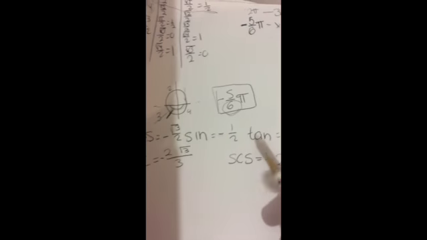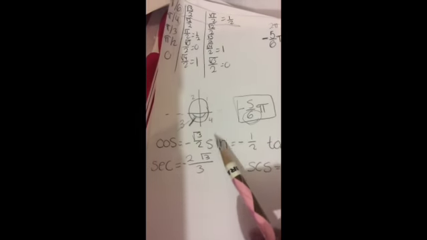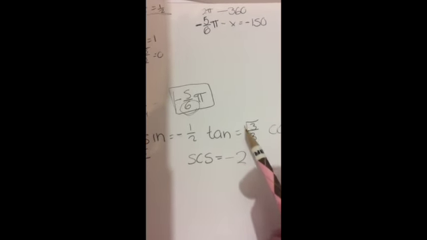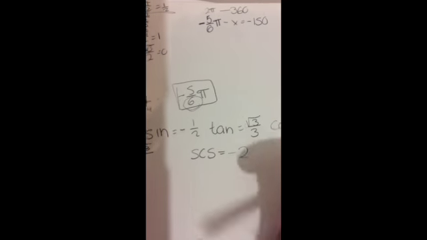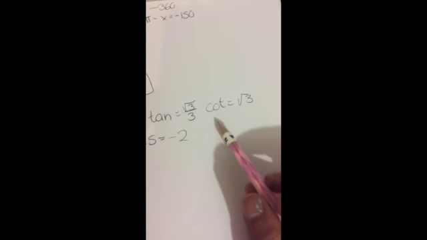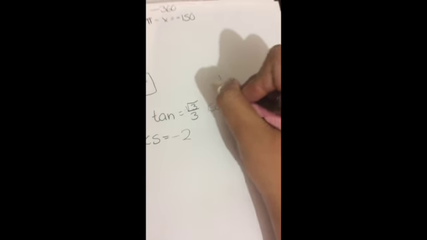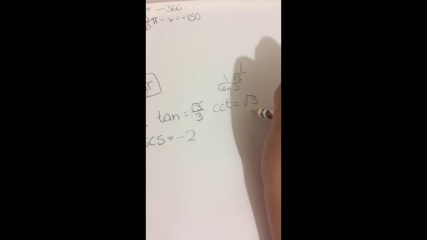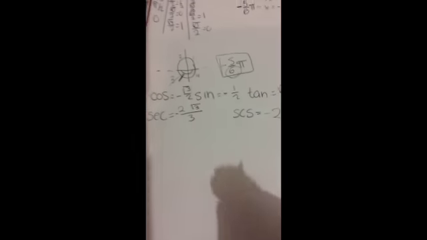Then the tangent is equal to sine over cosine. So we got square root of 3 over 3, and the cotangent is when we use 1 over tangent. So we just need to do 1 over square root of 3 over 3, and we got square root of 3.